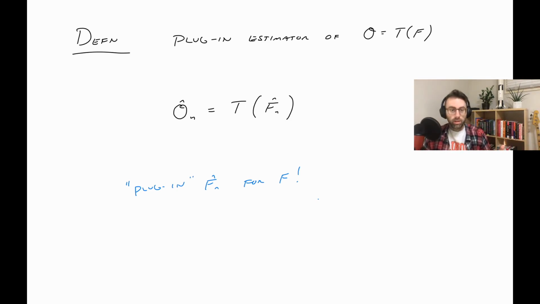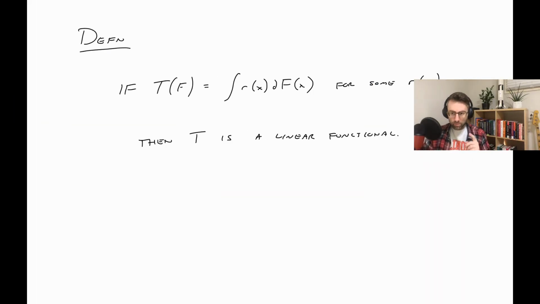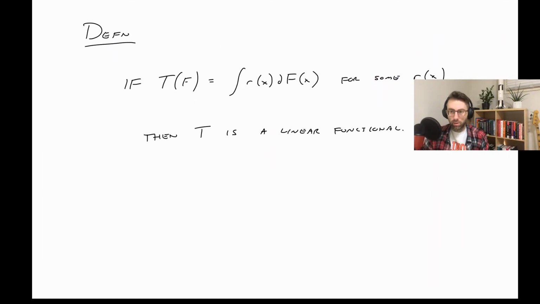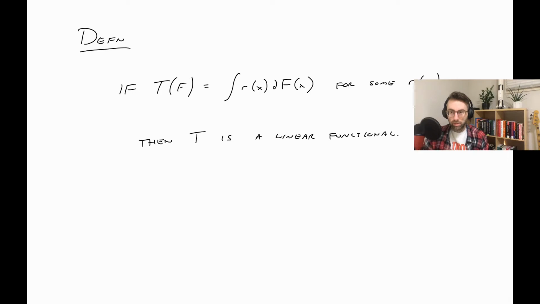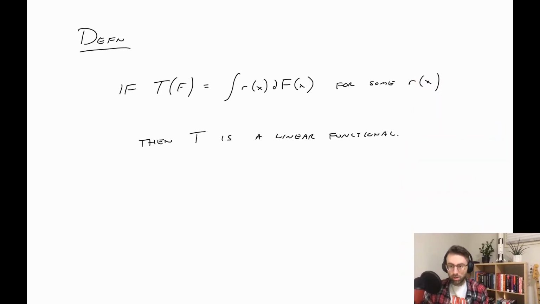Okay, cool. One definition before we see a couple of examples: if T of f can be written in this sort of integral form, where it's the integral of some function r of x dF of x, for some r, then T is what's called a linear functional.